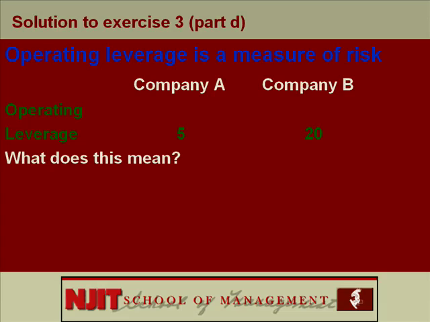Look at the screen in front of you. It's a difficult concept to explain, but let me explain it this way. You have two companies, A and B. Company A has an operating leverage of 5. Company B has an operating leverage of 20. What does it mean?